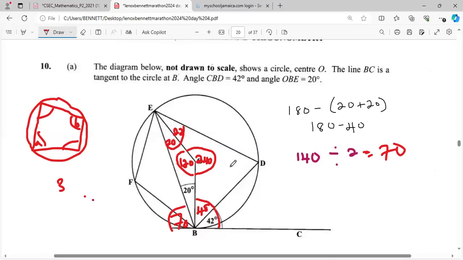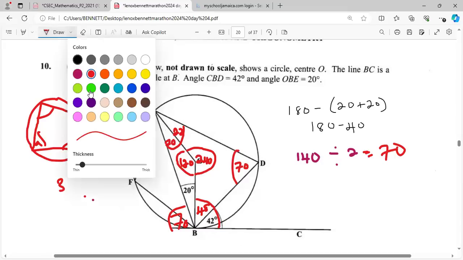But we did find the angle from here, right? This was what? 70. So we could look at the triangle. Let me see something. We could go the triangle way. I saw a four-sided figure, but apparently not.